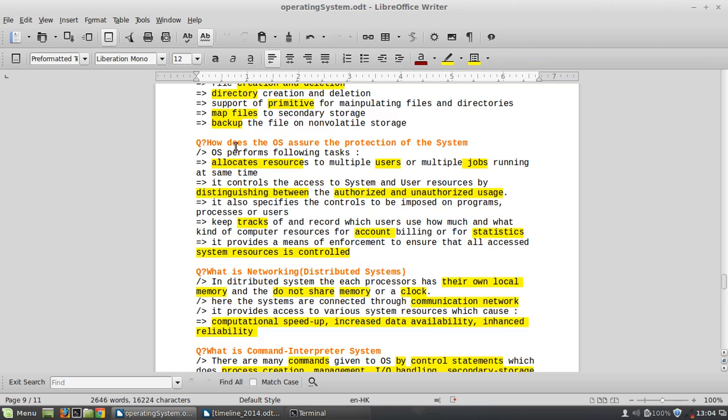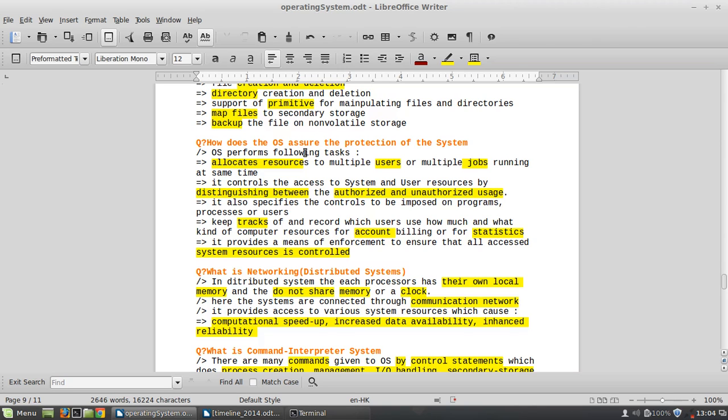So now jumping on to the next question: how does the operating system assure the protection of the system then? The operating system performs the following tasks to assure the system is well protected. It allocates the resources to multiple users or multiple jobs running at the same time.